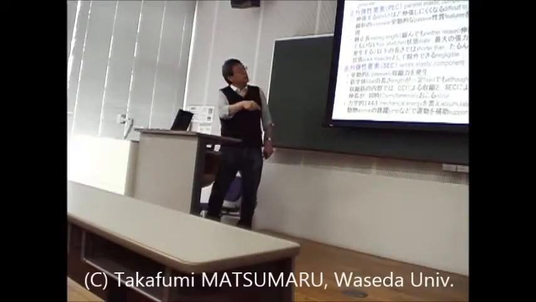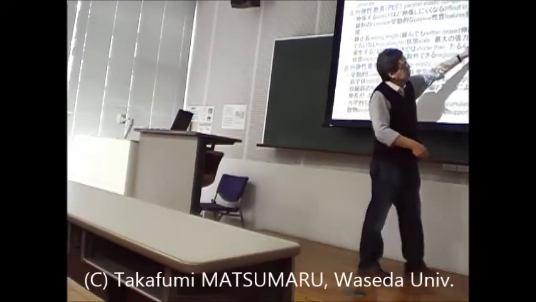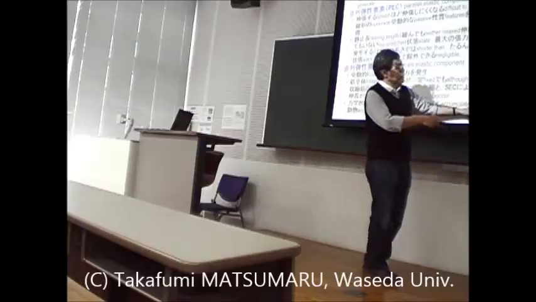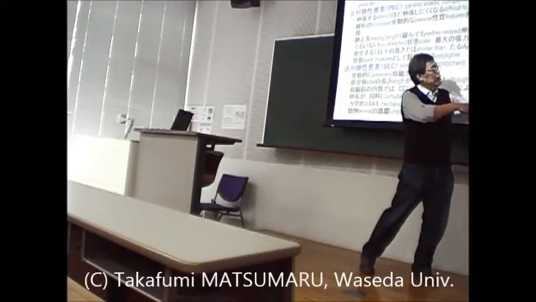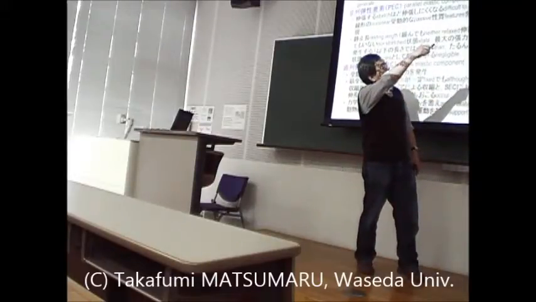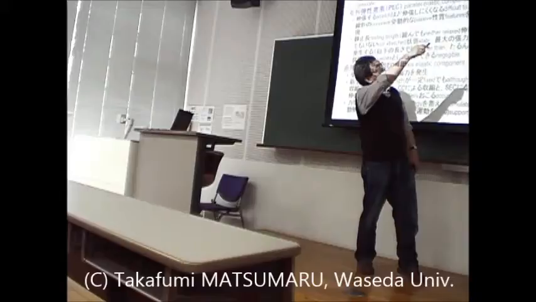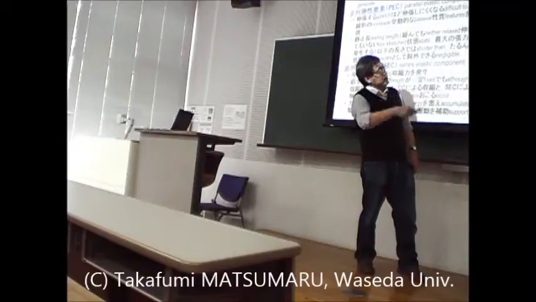By using this model, it can be explained that when the muscle length, 100% being a normal length, becomes larger, this spring makes it become shorter, so it looks like this.